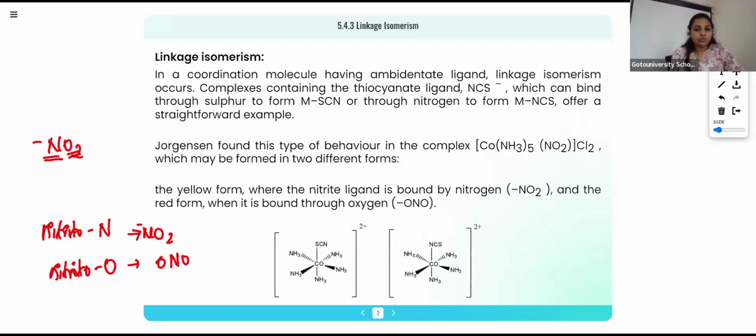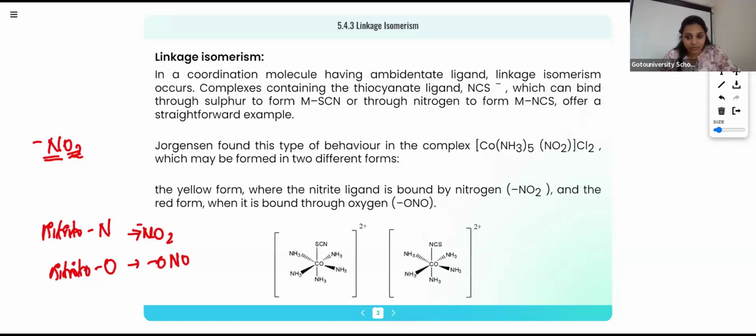So NO2 and ONO are the different ways in which the group can be linked to the metal atom, either through nitrogen or through oxygen. They cannot use both nitrogen and oxygen at a time. Such ligands are normally called ambidentate ligands, and they form the complex.